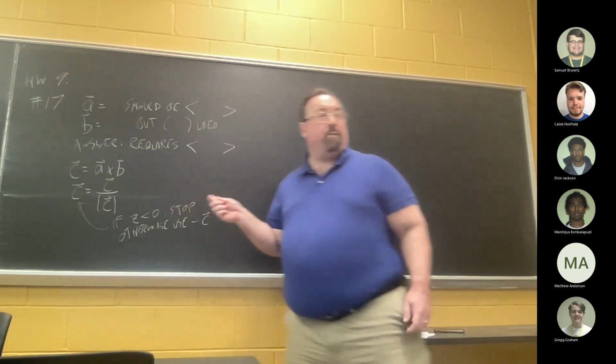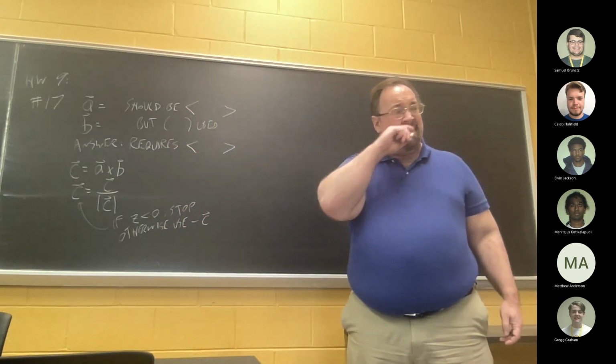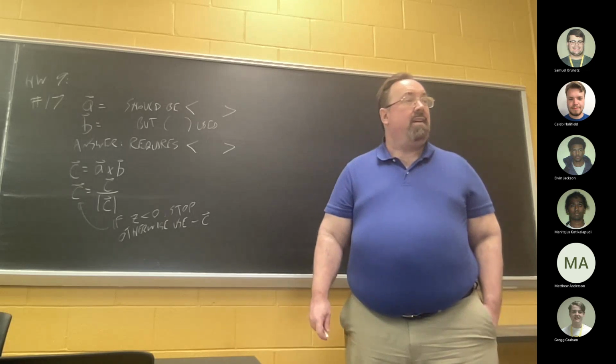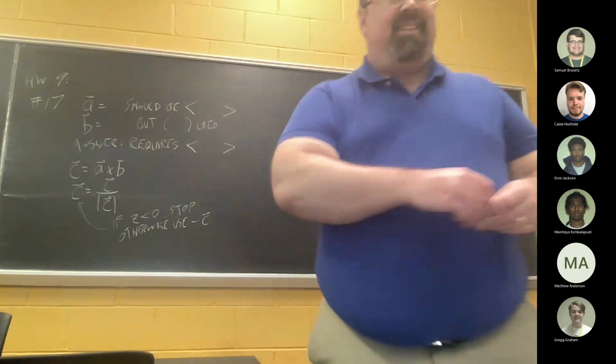Otherwise, you negate all the components of the vector, is that what you did? Yeah. Okay, I have it written down somewhere. Oh, okay, I don't have my notes. Okay, well, let me know if you continue to have trouble with that one.